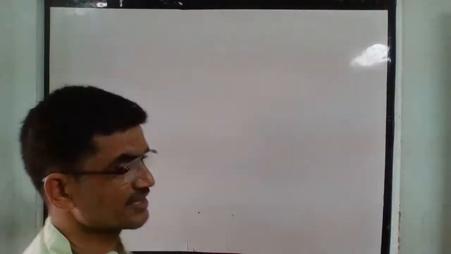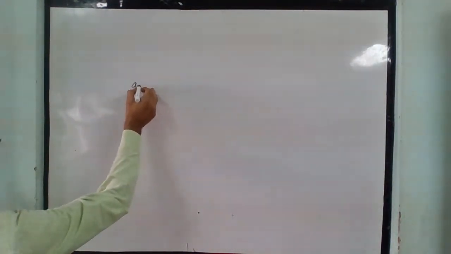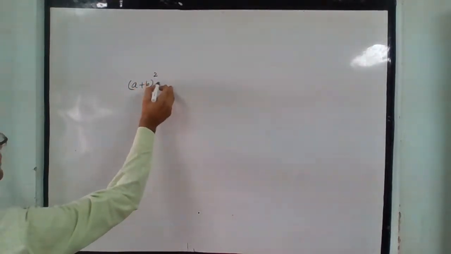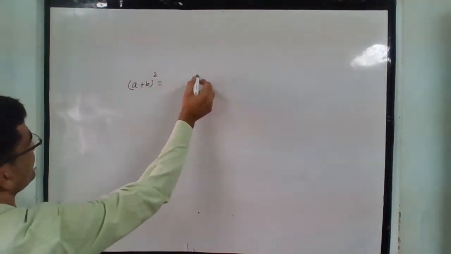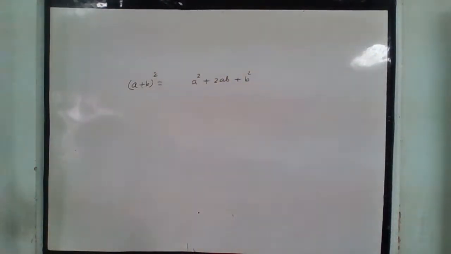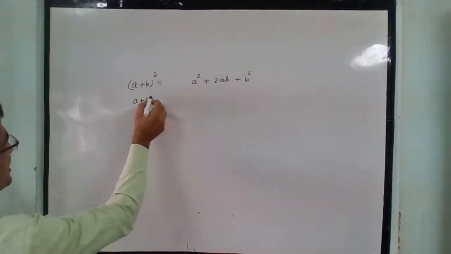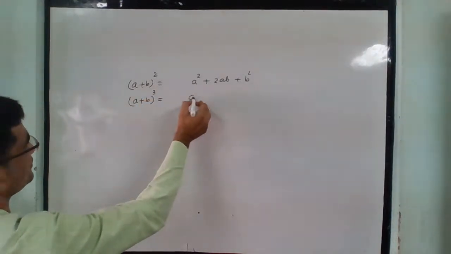You have heard the word polynomial in 9th and 10th; a binomial has two terms. And what are the indices of a binomial? You all know this. When we take A plus B whole square, it is A square plus 2AB plus B square, all of you know this very well. Second, you also know A plus B whole cube.